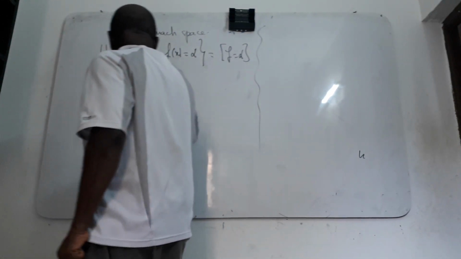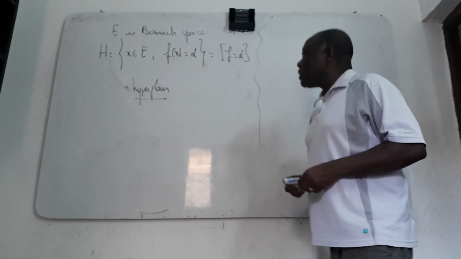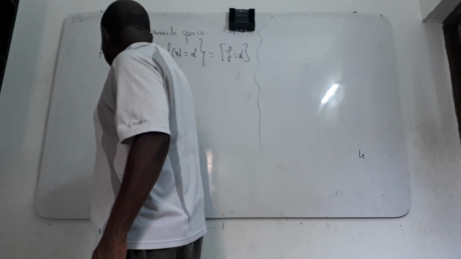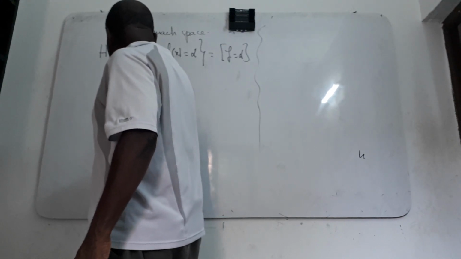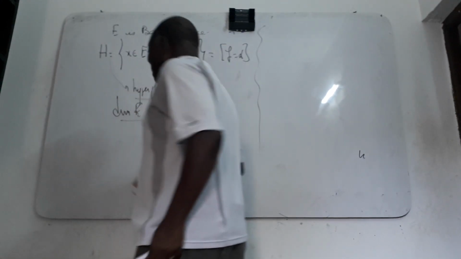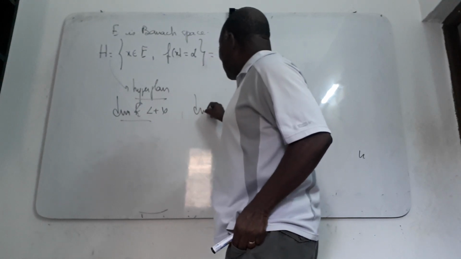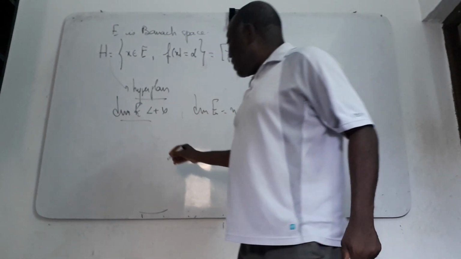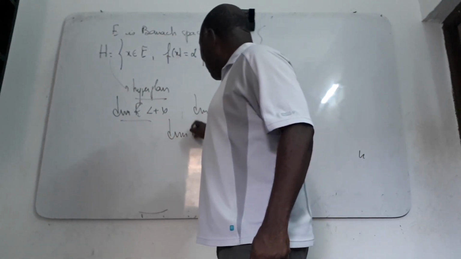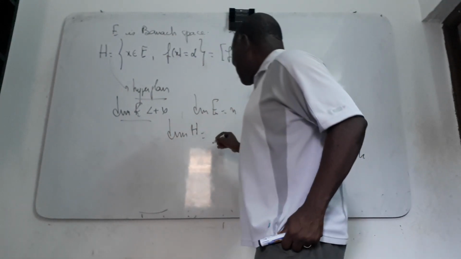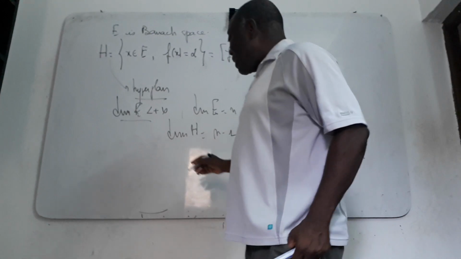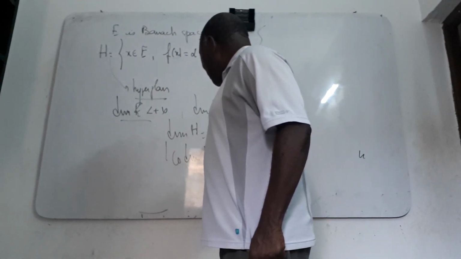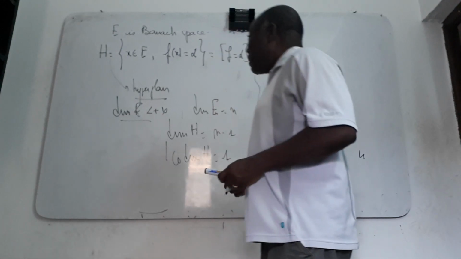And I told you that when E is finite dimensional, if the dimension of E is equal to n, the dimension of H is exactly n minus 1. That means that the codimension of H in E must be equal to 1.